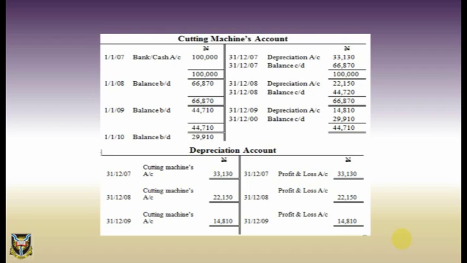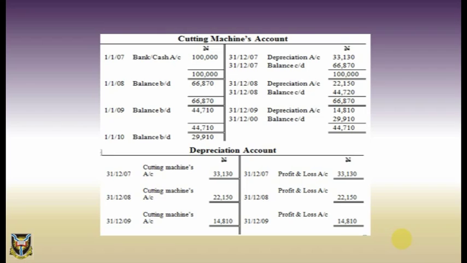31/12/2007 profit and loss account 33,130. 1/1/2008 balance B/D 33,130. 31/12/2008 profit and loss account 22,150.